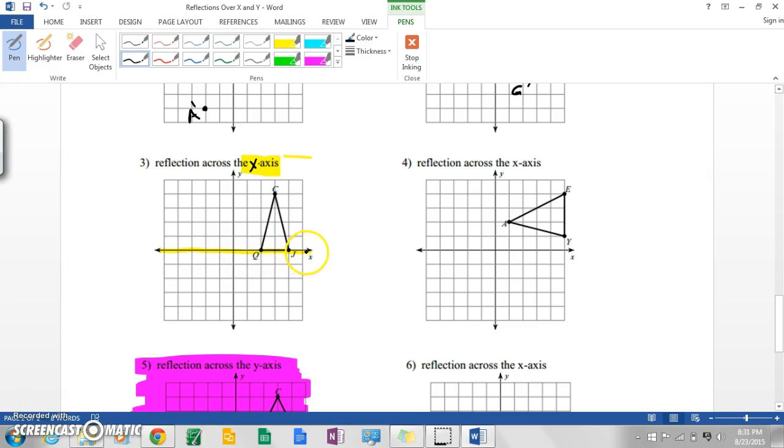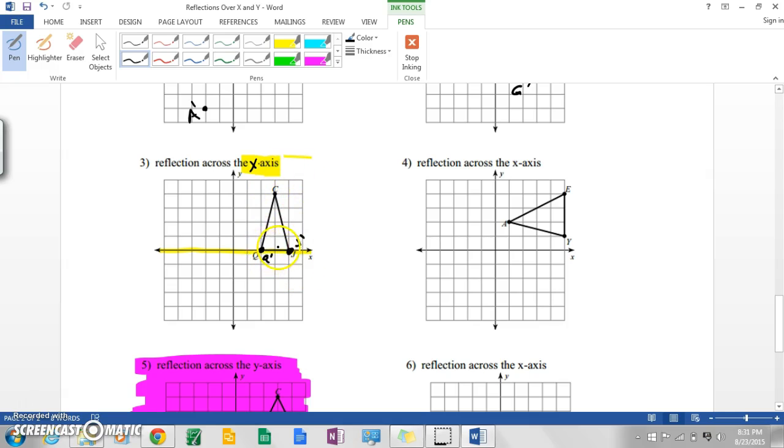When 2 points are on the line of reflection, they don't actually move. If you were to start here at the line of reflection and count one way or the other, you would count 0 spaces for G. So our G prime wouldn't move. If we look at J, our J prime would not move either.